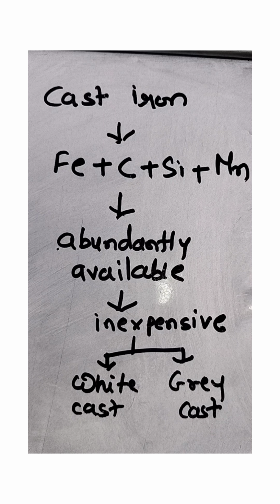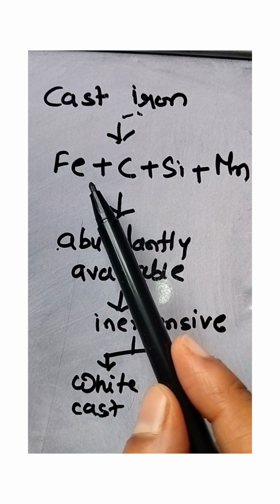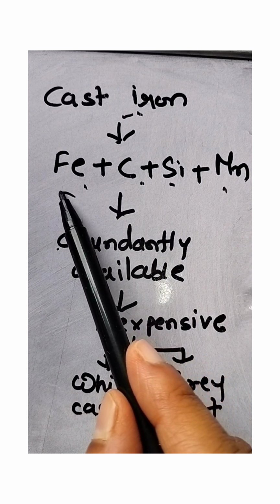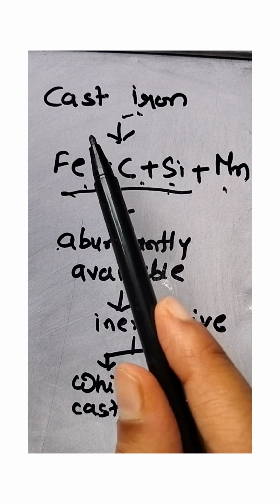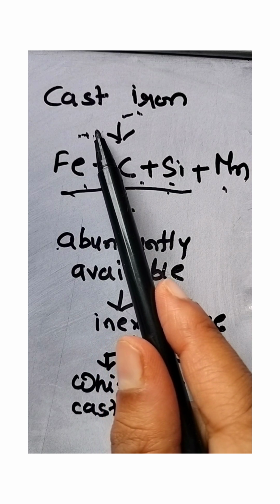Now we will discuss the first type, cast iron, which is made up of iron, carbon, silicon and manganese. These are the four elements inside cast iron, which comes in the category of ferrous metal.